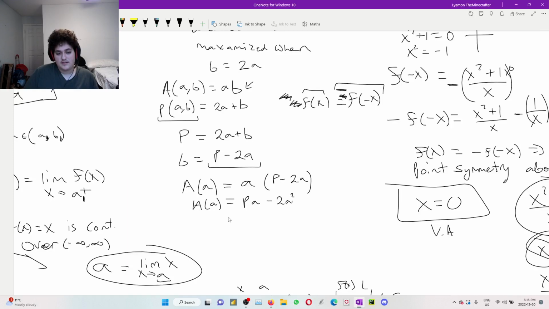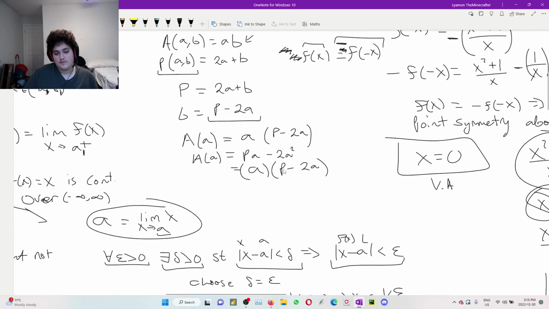We can find the derivative now. If you really wanted to, you could factor out the a and get p minus 2a. And if we sketch this graph, this is like minus 2a plus b.